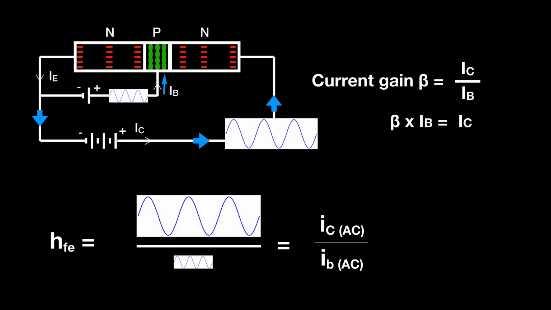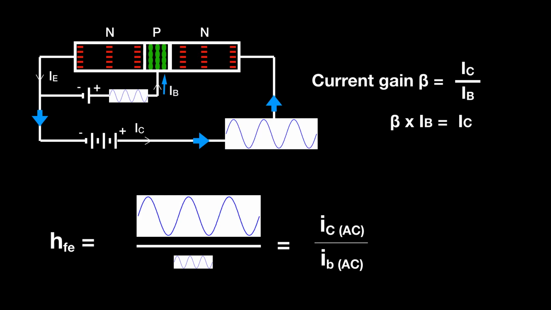Now for this exam, for all practical purposes, the gain, beta, is approximately equal to HFE. We don't go into detail about the H parameters of bipolar transistors.